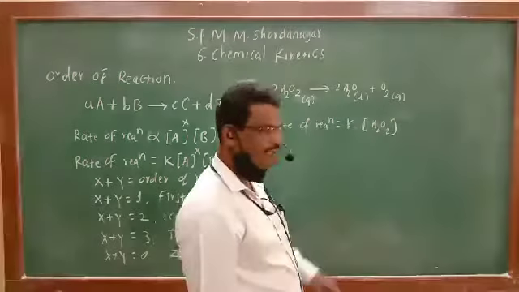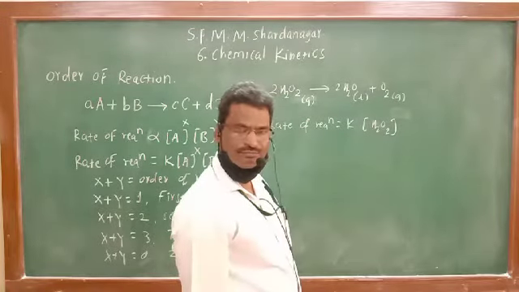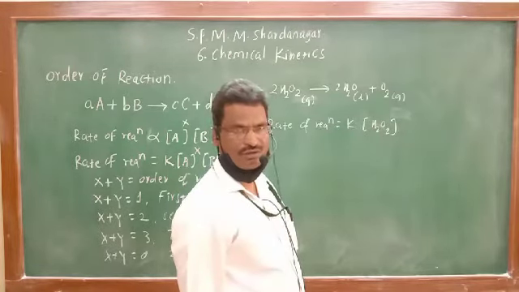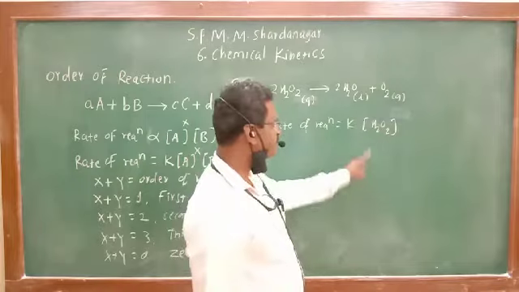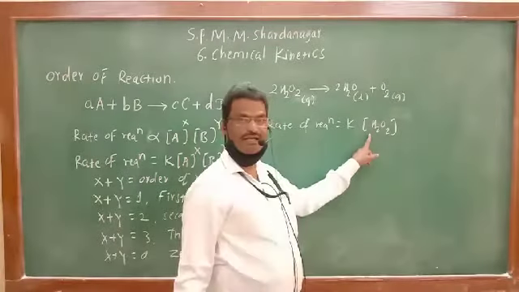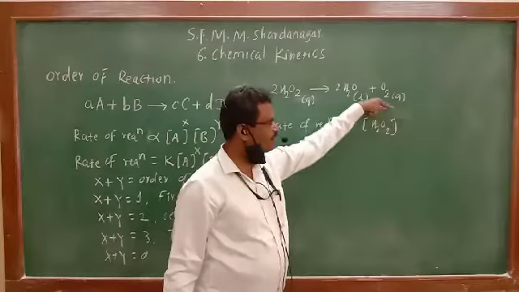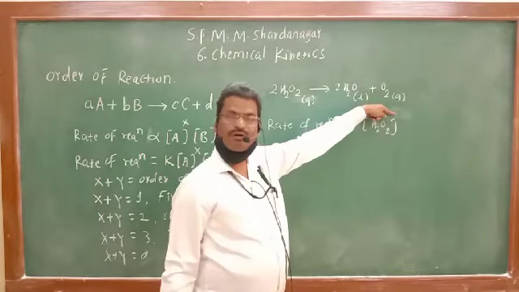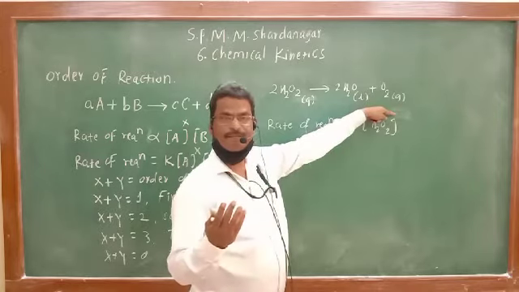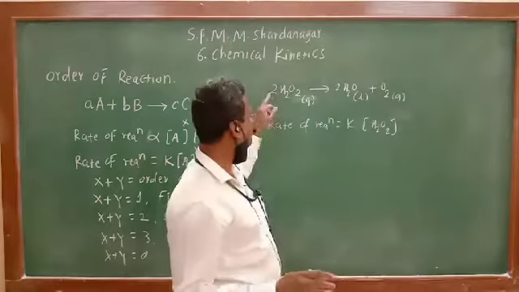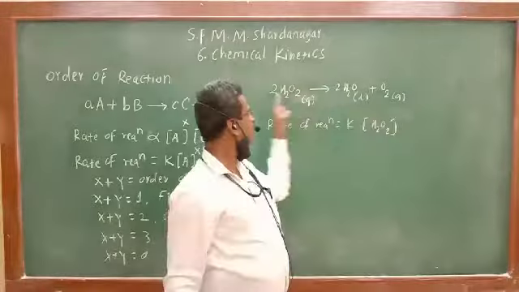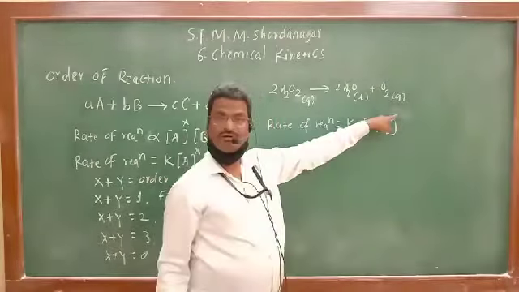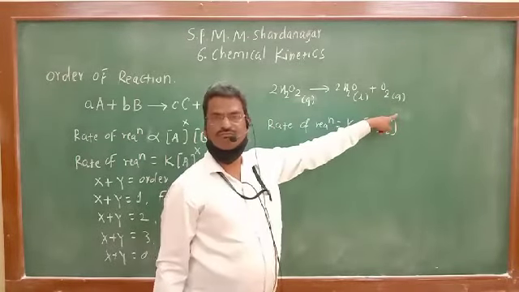So what is the type of this reaction? What is the order of this reaction? First order reaction. This reaction is known as a first order reaction because the order of reaction over here, X, is 1, and order of reaction is an experimental quantity. Theoretically we can write 2 over here. These coefficients we can write here, but that is theoretical.